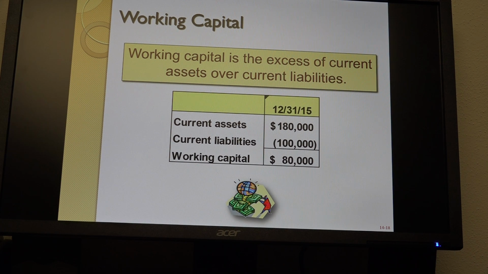So you simply take your current assets and subtract current liabilities for your raw working capital number. Until you get that down to a percentage, you really can't compare it even within the company across different years, or between competitors.